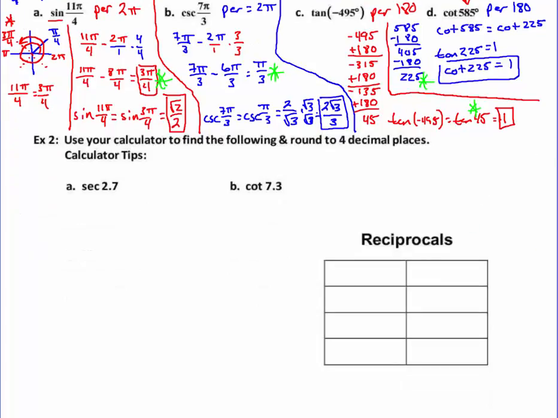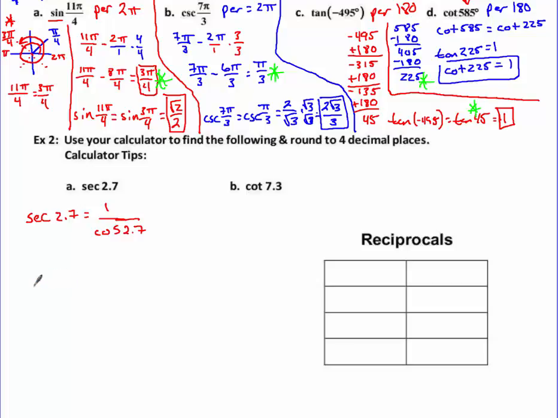All right, last one. These are going to be real quick. Use your calculator to find the following and round to 4 decimal places. So if we're trying to find the secant of 2.7, we know that secant is equal to 1 over cosine. And that's how we do it.